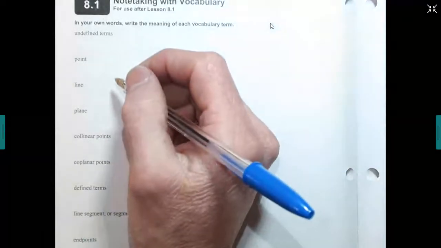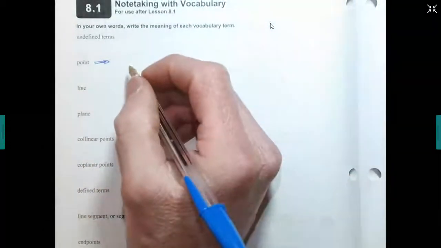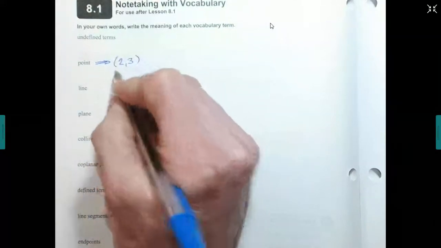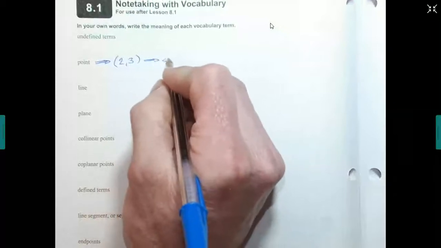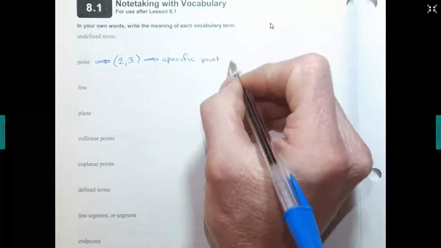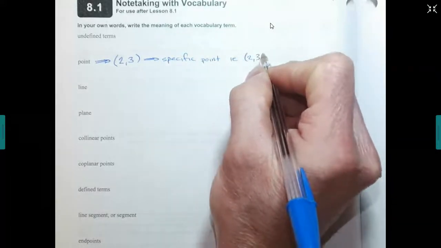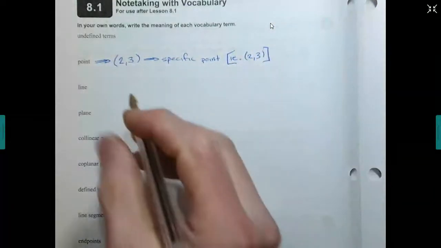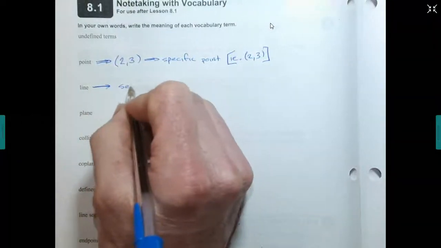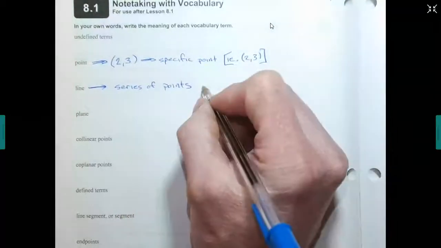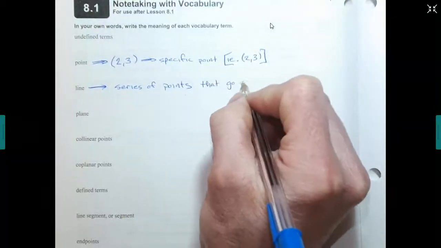So a point. Hard to define that without using the word in it. We'll do an example, 2, 3. So a specific point, i.e. 2, 3. Now, a line is a series of points that go on forever.